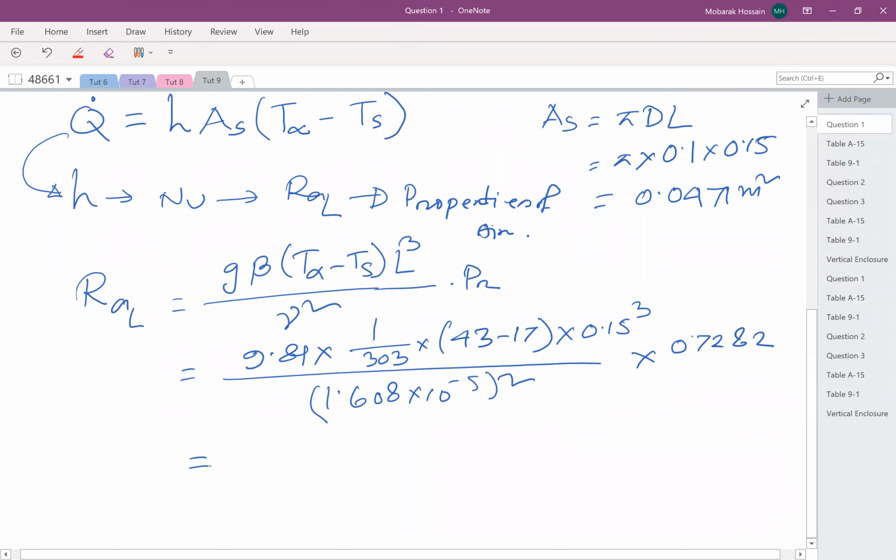So we'll get the value 8 times 10 to the power positive 6 for this problem.